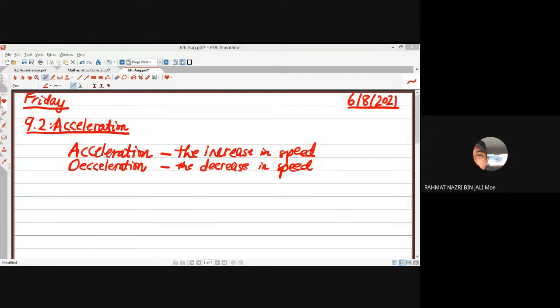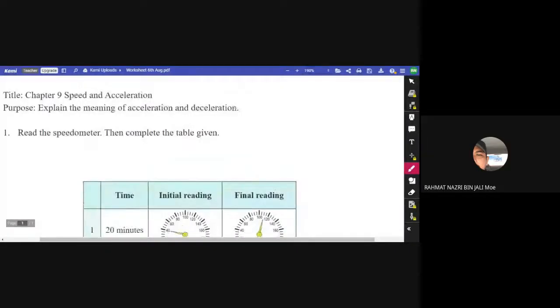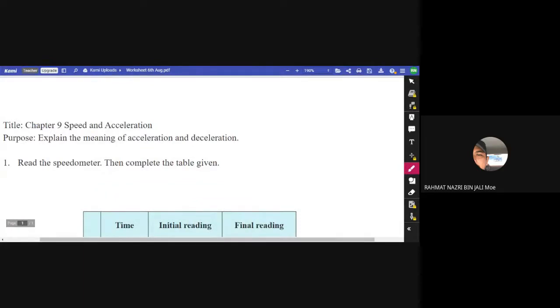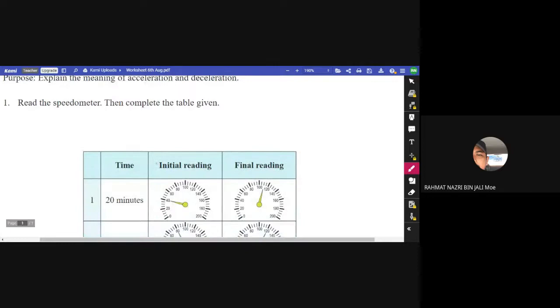Okay, I already shared in the chat box. I hope got a volunteer today to complete. Let me share the screen of Kami. Read the speedometer, then complete the table given.